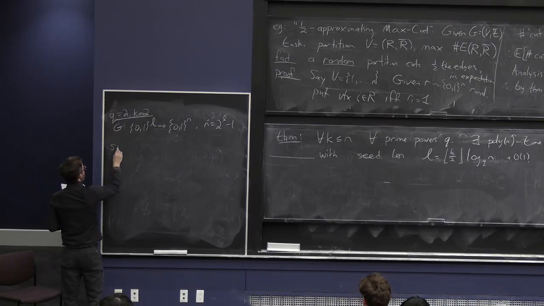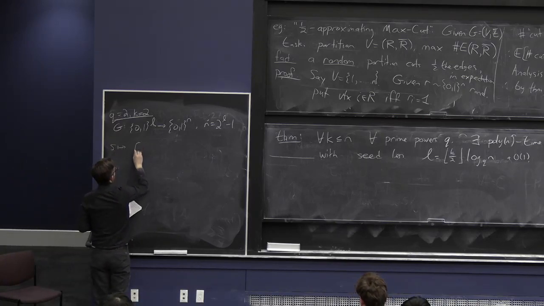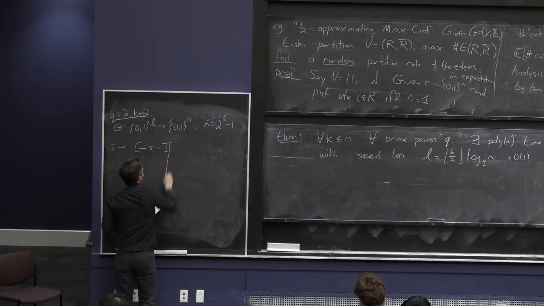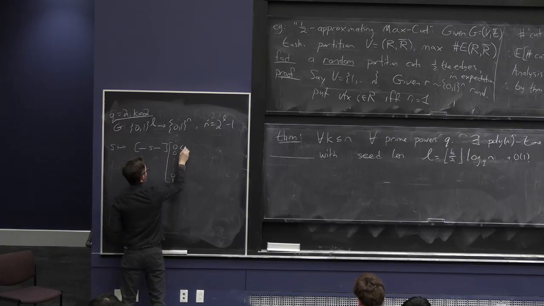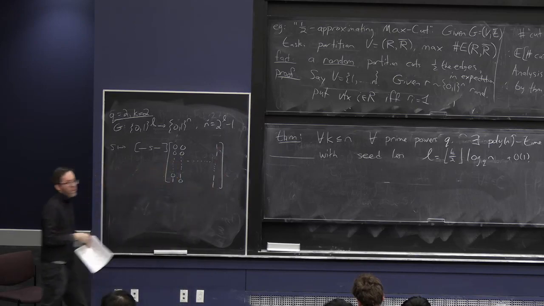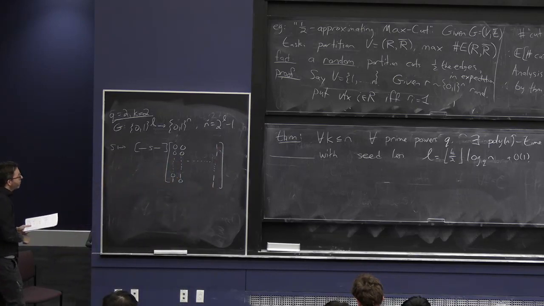It works by taking the seed S and mapping it to the row vector S times this matrix that we saw before that has all the binary strings, except for the all zero string, written as its columns. This is all over the field of size 2, so everything is mod 2.